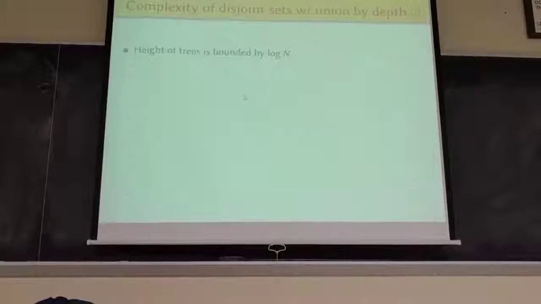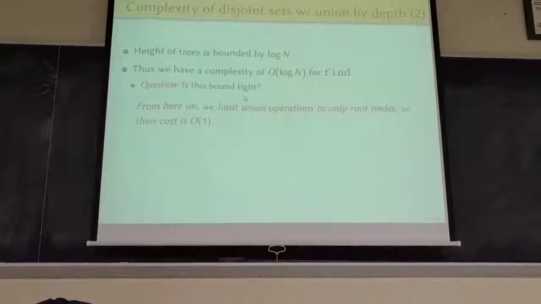So that's one technique for essentially making your unions more efficient by keeping track of the heights of different sets and preventing the degenerate cases where you build long chains.